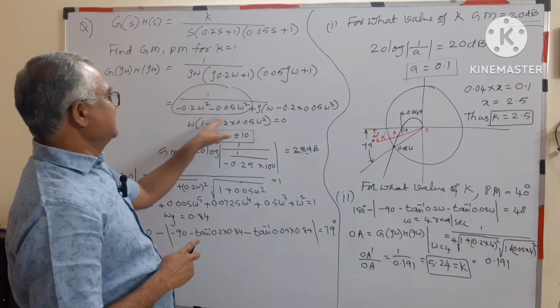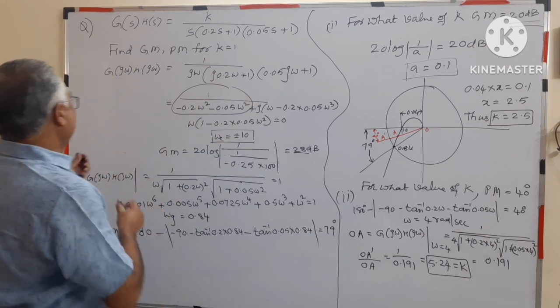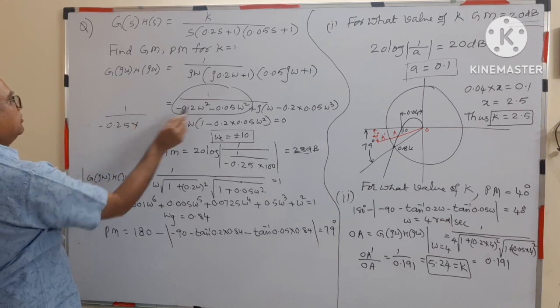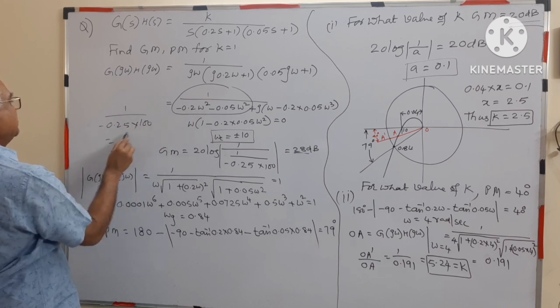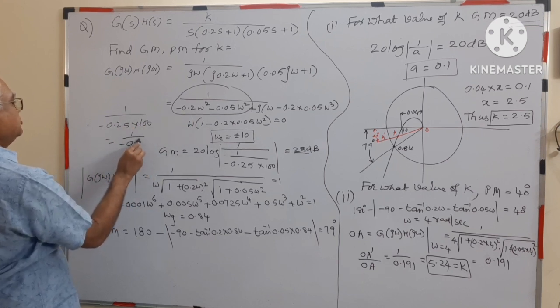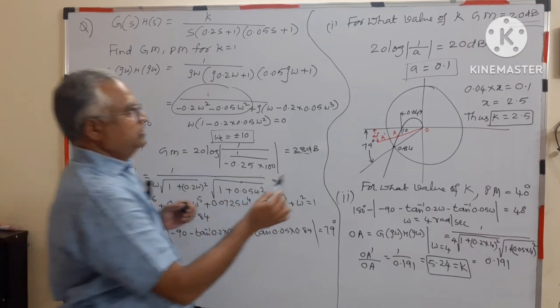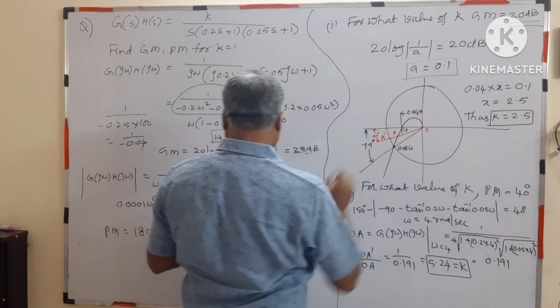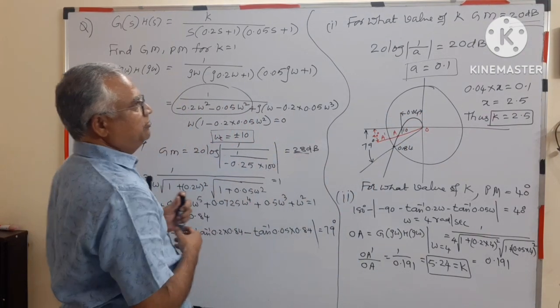But here, what is this real value? Real value is 1 by minus 0.25 omega square 100, which is equal to 1 by minus 0.04. So this distance is 0.04. With the 0.04, we are getting 28 dB.